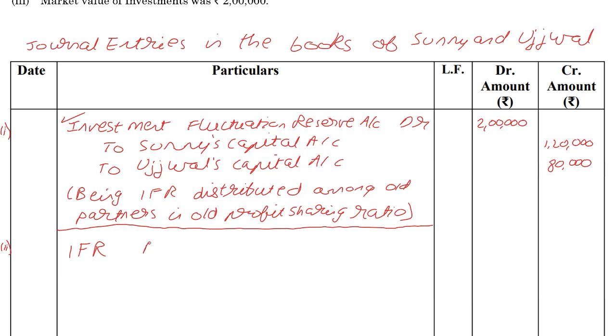Okay, so Investment Fluctuation Reserve account debit by 2 lakhs because we are wiping it out before admitting a new partner. Investments account, because investments account is reduced in value by 2 lakhs and becomes 3 lakhs. Okay, so we are crediting the investment account accordingly so that in the balance sheet we can show it as 3 lakhs.